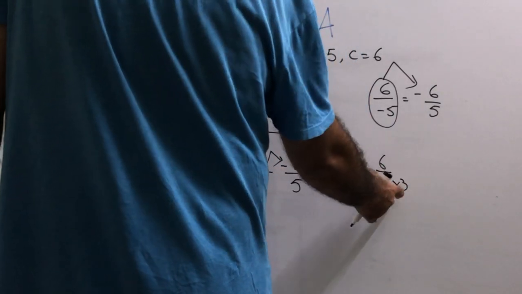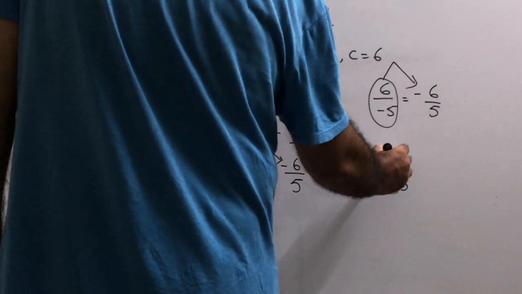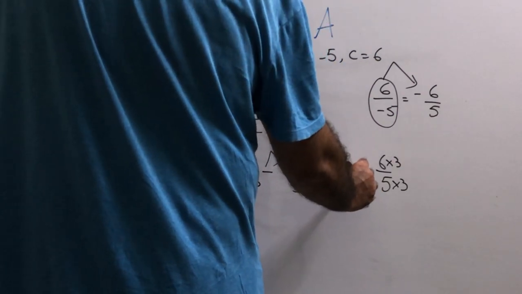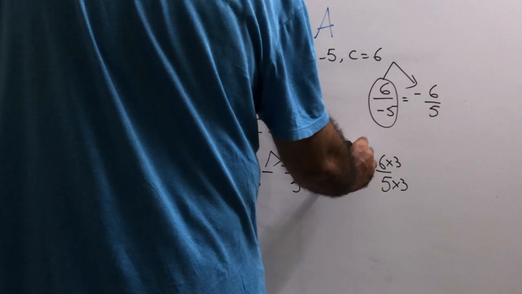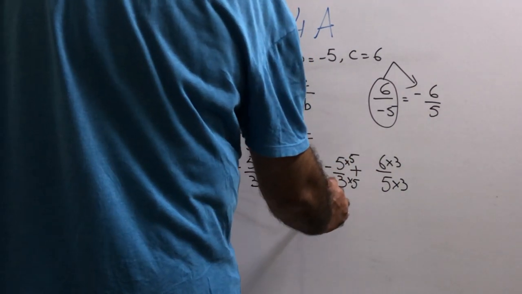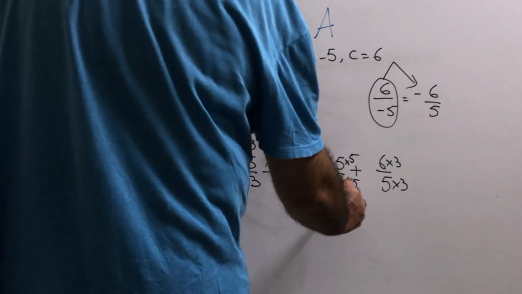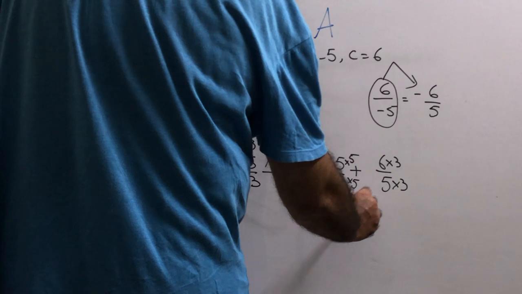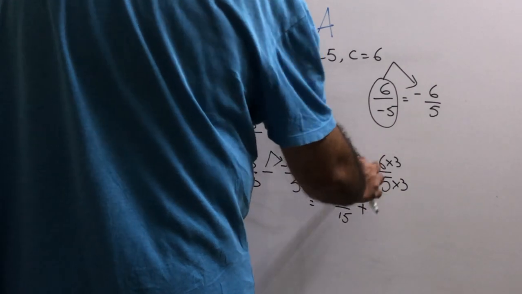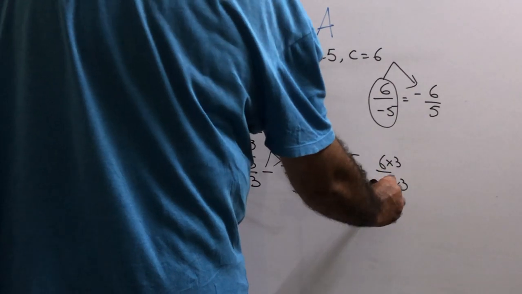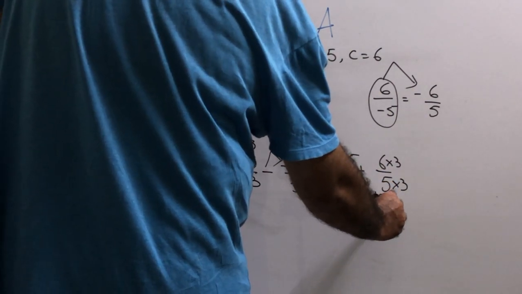If we multiply the denominator with 3, the numerator will also be multiplied with 3. Here we will multiply up and down with 5. Now see, minus remains the same. 5 5s are 25 over 5 threes are 15, plus this plus sign, 6 threes are 18 divided by 5 threes are 15.